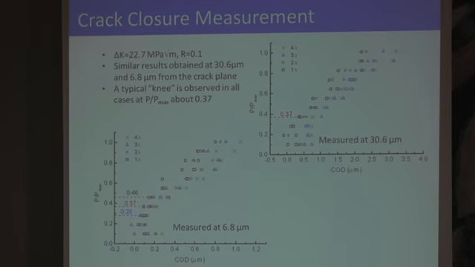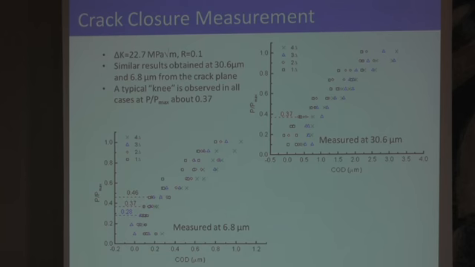For the closure measurement, we plotted the load versus COD close to the crack plane and away from the crack plane, for each point on the wake side: 1 grain size, 2 grain sizes, until 4 grain sizes behind the crack.